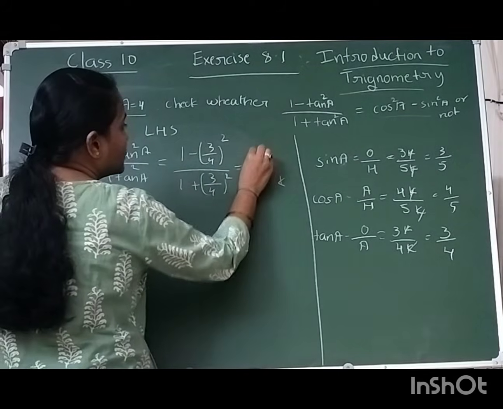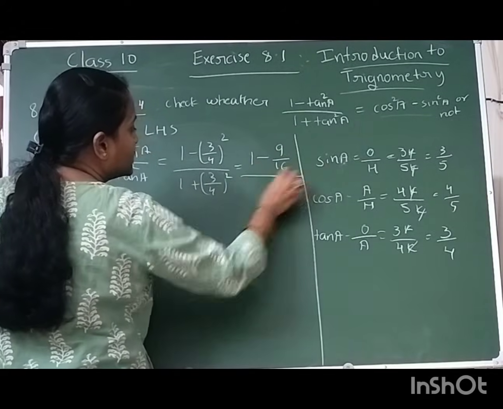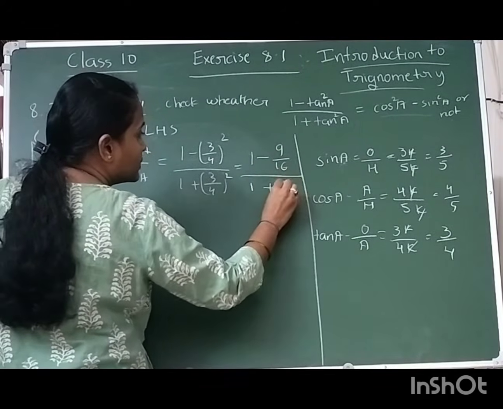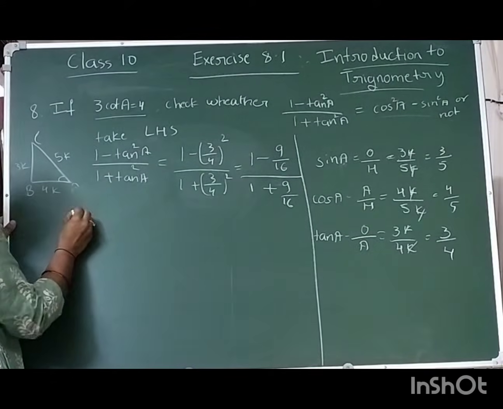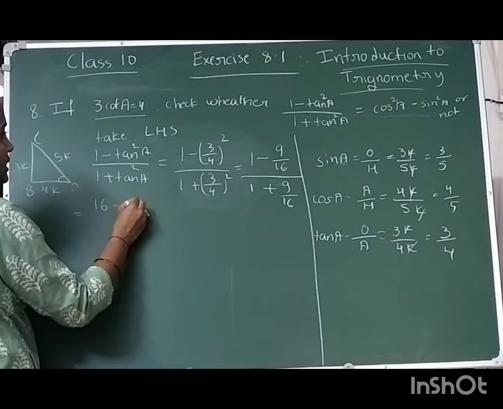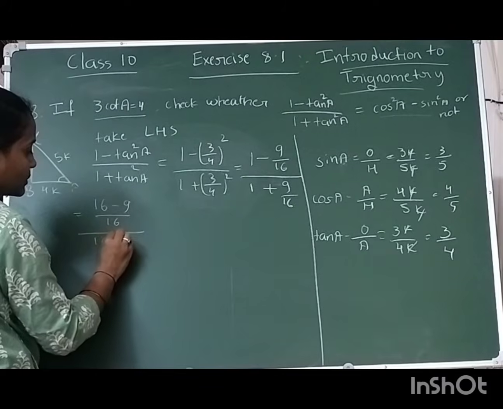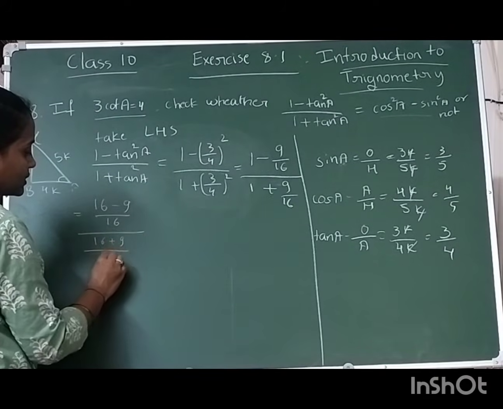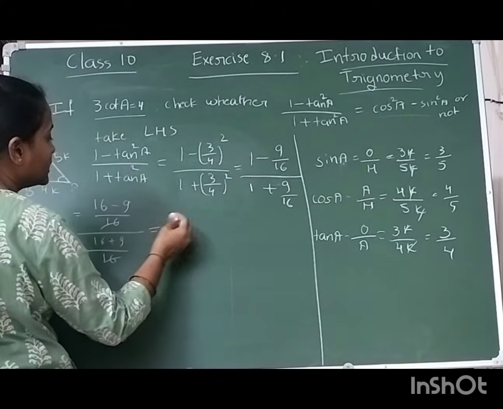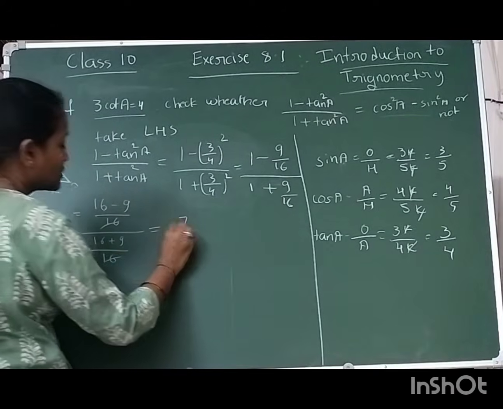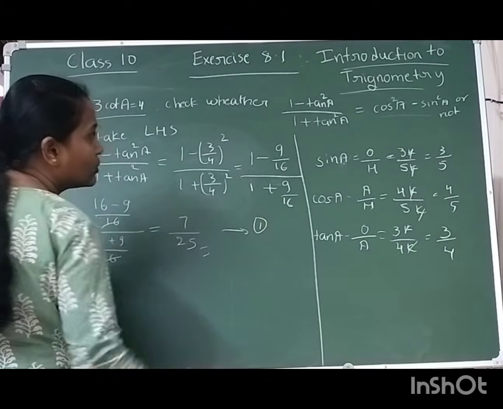So open the bracket. 1 minus 3 square is 9 and 4 square is 16. Similarly, in the denominator it is 1 plus 9 by 16. So take the LCM, we'll get 16 in the numerator as well as in the denominator. So we'll get 16 minus 9 by 16 in the numerator, 16 plus 9 in the denominator. So 16 will get cancelled. 16 minus 9 is 7. 16 plus 9 is 25. So let's call this equation 1.